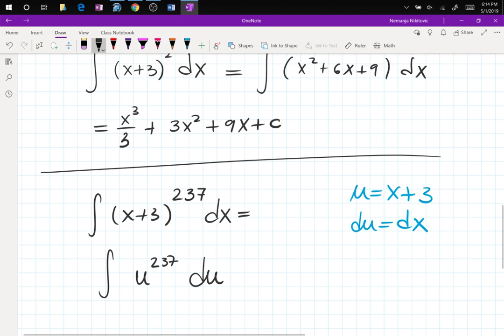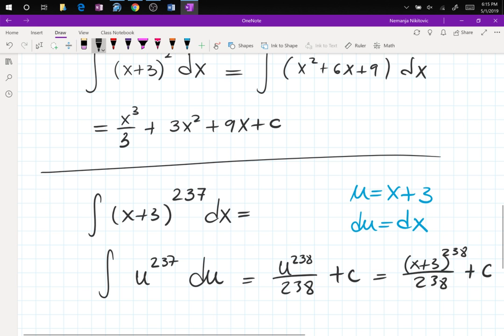So now we integrate, becomes u to the 238 over 238 plus c, and then we go, I don't care about u, I care about the x, which is x plus 3 to the 238 divided by 238 plus c.